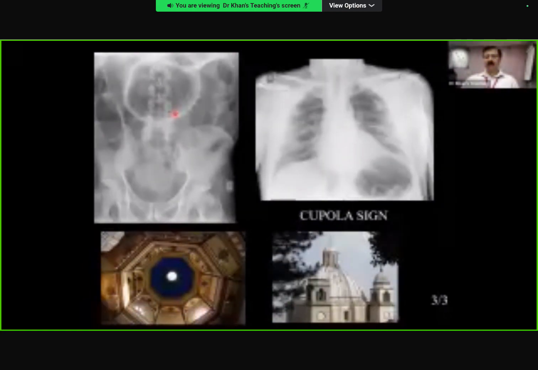There is a large amount of free air, but it sits in the center part. The beauty of this film, and this is a classical example, is that this gas is away from the stomach. So in the central portion, this is the football sign or the cupola sign. This is a cupola.